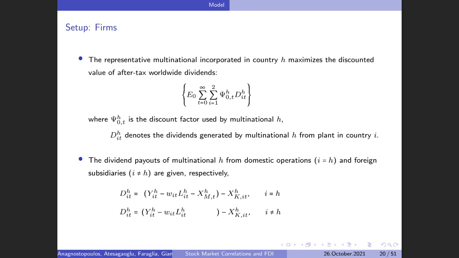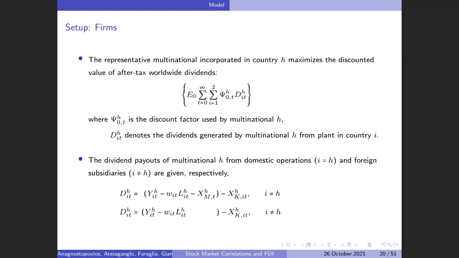The home plant, let's say multinational H producing at home, i equals H, produces, pays wages to the labor employed, invests into technology capital, invests into tangible capital. So after the investment in both capital stocks and the wage payments are subtracted from total production, the rest is distributed by the local plant.